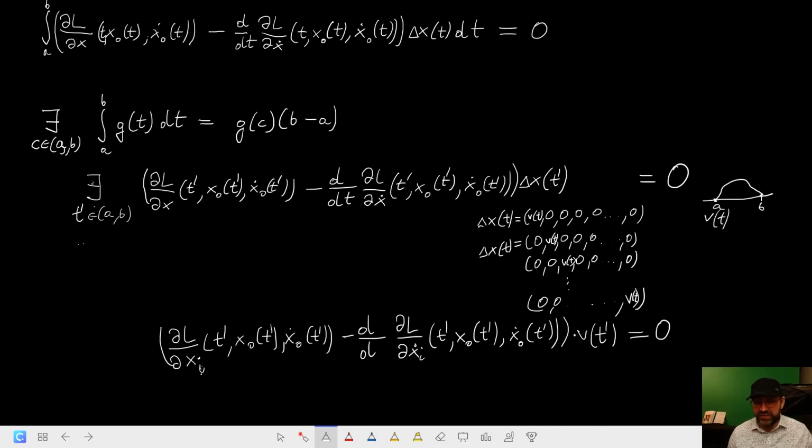Because the scalar product will only contain this summand, because all others will vanish. And as we take n trajectories, as I described them here, each of them will give us an equation for a different coordinate, which means for a different partial derivative.